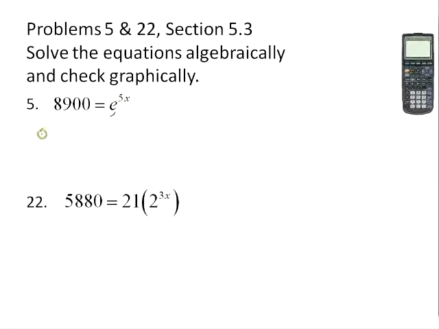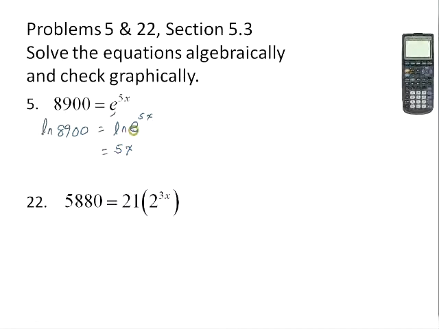So we're going to take the natural logarithm of both sides of this, and so we're going to have the natural logarithm of 8,900 is equal to the natural logarithm of e raised to the 5x. The whole reason we're doing that is that the natural logarithm of e to the 5x, these two functions just undo each other, so on the right-hand side we get simply 5x.